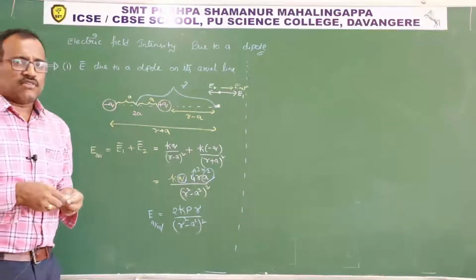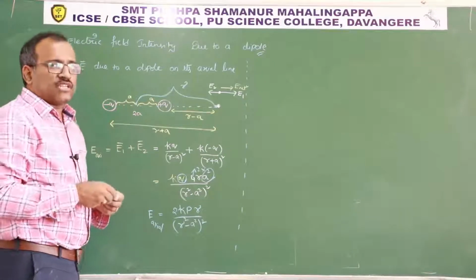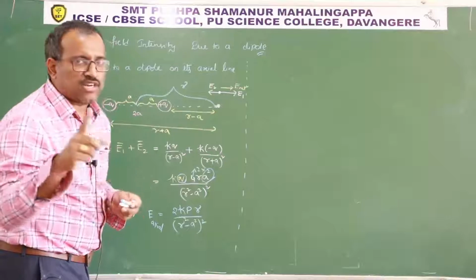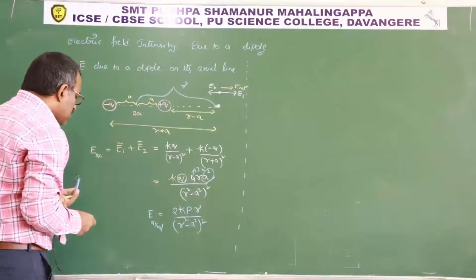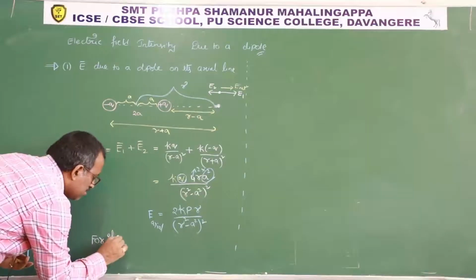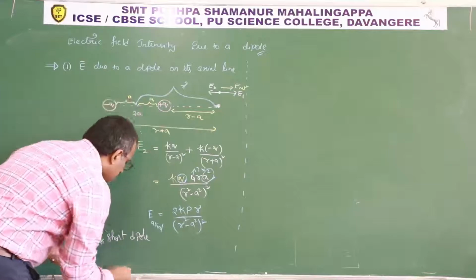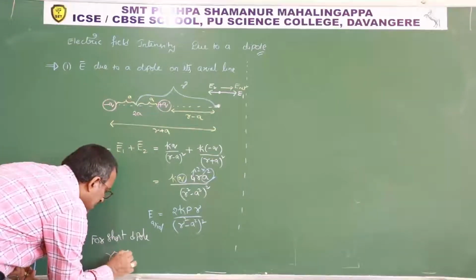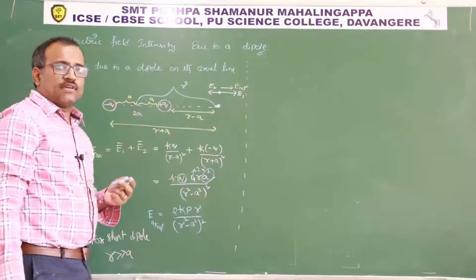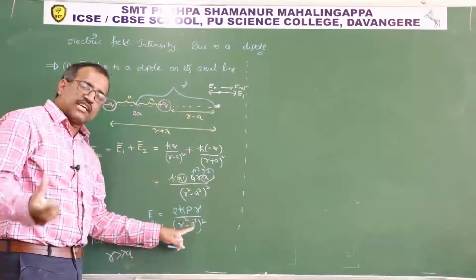But in competitive level, generally they won't go for the board level. They usually will ask about short dipole. What do you mean by short dipole? Remember, for short dipole, r is greater than a. r is a much larger distance when compared with the size.